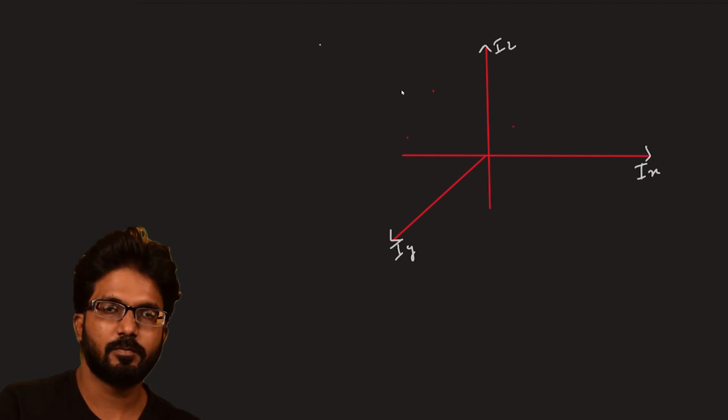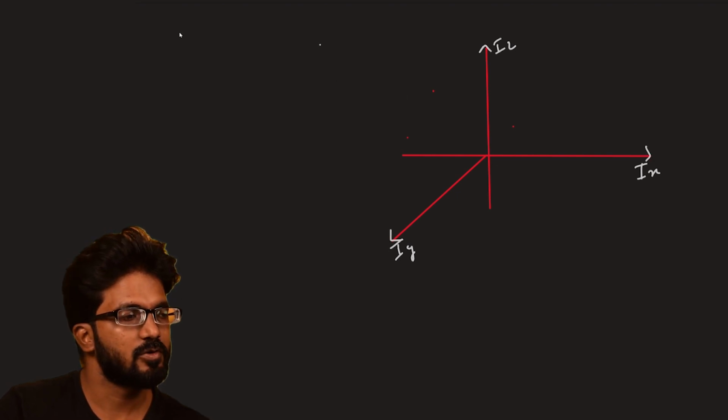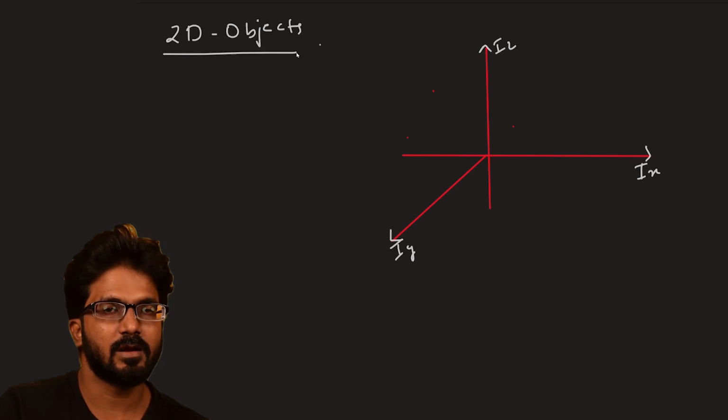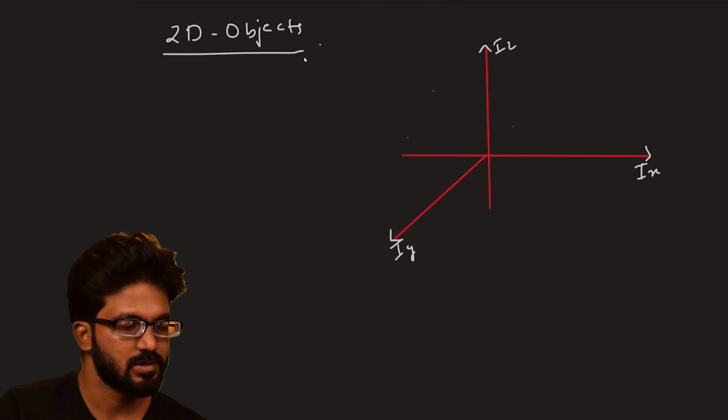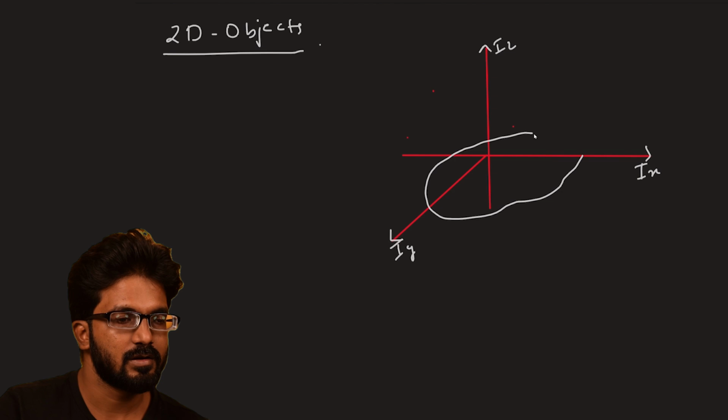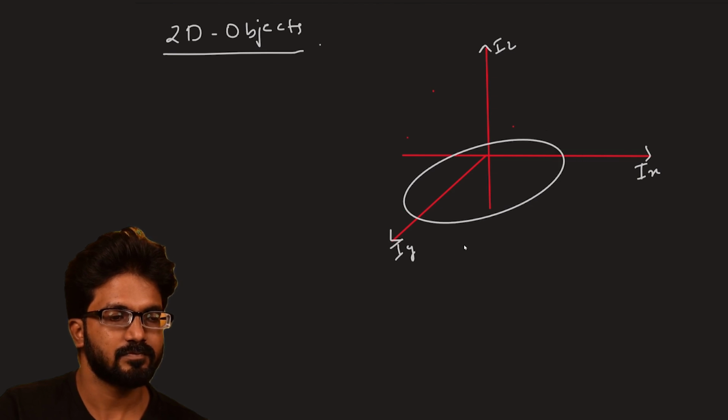Now remember that this perpendicular axis theorem is applicable for two-dimensional objects, meaning it is not applicable for any three-dimensional objects. So x and y should be lying in the plane of the body. What does plane of the body mean? Any object that is lying as a planar body in the x and y system.